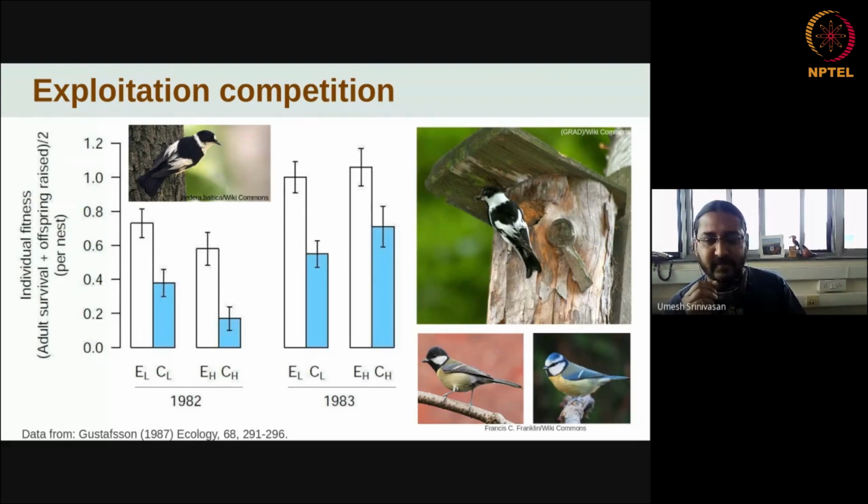It's not as if every year the number of eggs or nestlings produced by a breeding pair would remain the same. So 1983 happened to be a slightly better year than 1982, and that's well within normal variability in reproductive success.